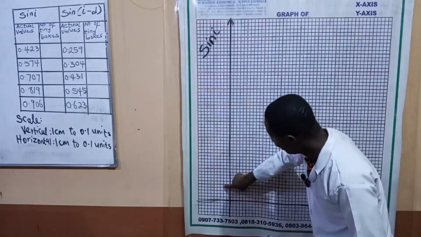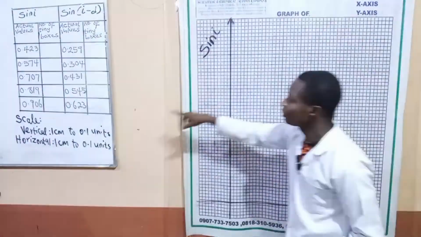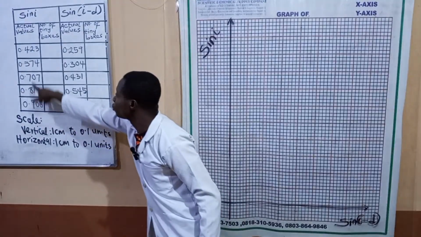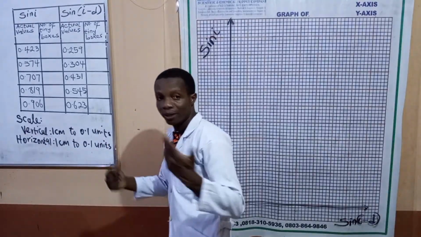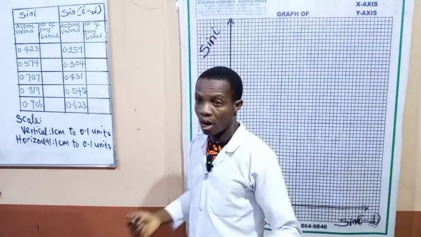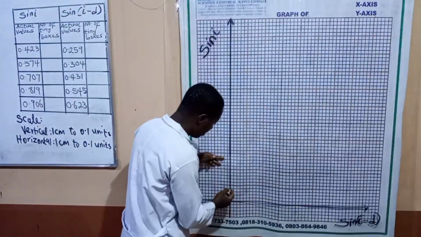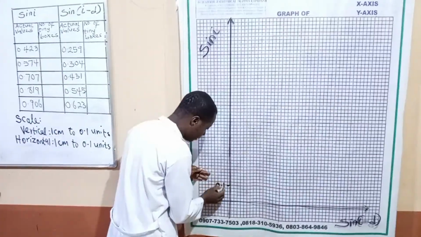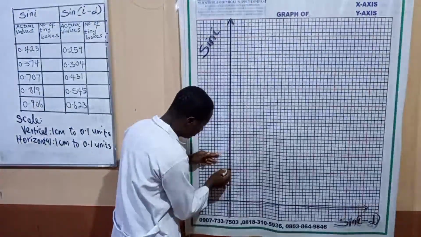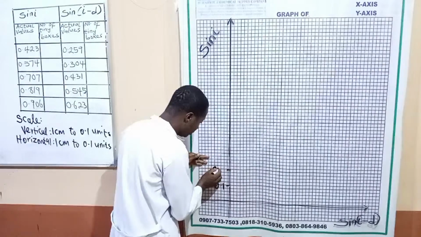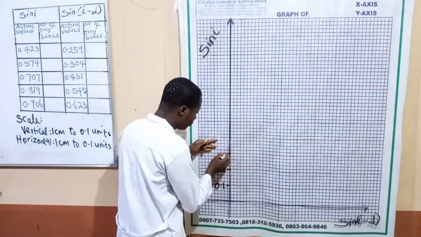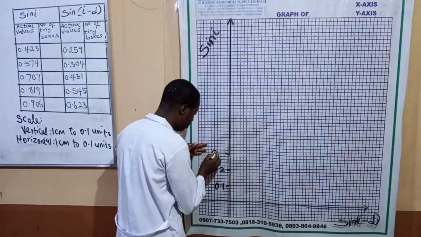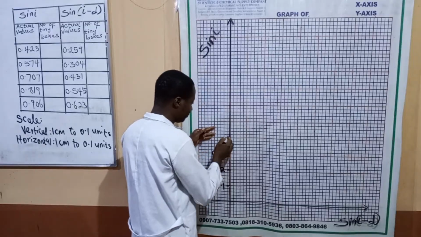So let's number it, okay? Starting from 0.1 to 0.9 and even up to 1. So this is what I'm going to do here. This point here is 0.1. The next one is 0.2, followed by 0.3.